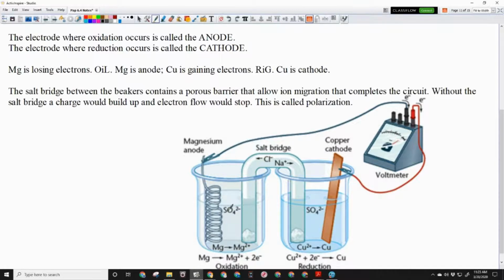Magnesium sulfate is soluble in water, so they're using magnesium sulfate in this beaker. Over in this beaker, we have a copper electrode, so the solution has to have copper ions in it. Copper sulfate is soluble, so it does dissolve. So we have copper ions in this beaker, and magnesium ions in this beaker.